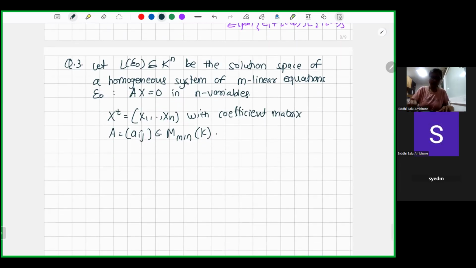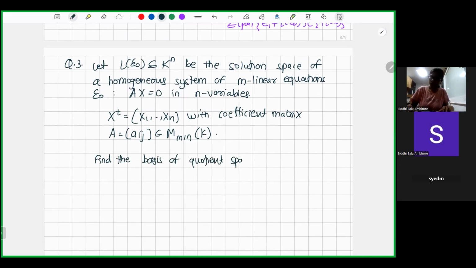We have to find the basis of the quotient space Kn quotiented by L0, and hence the dimension of Kn quotiented by L0 over K.